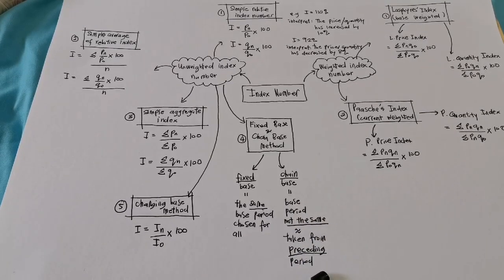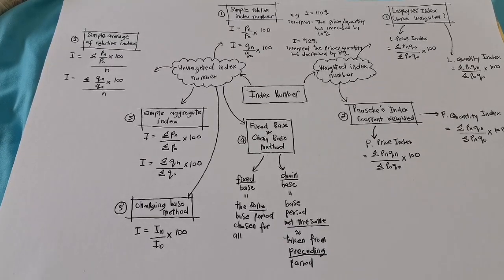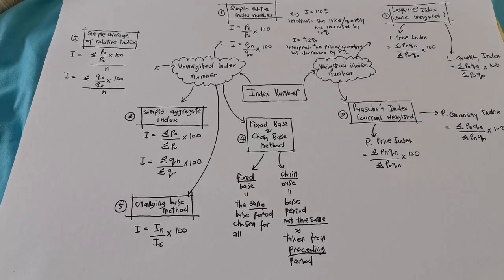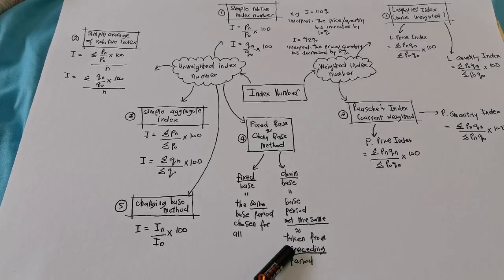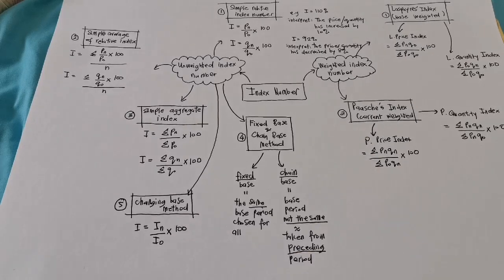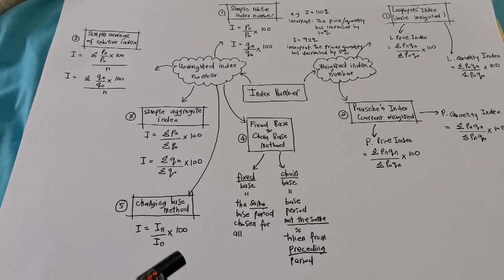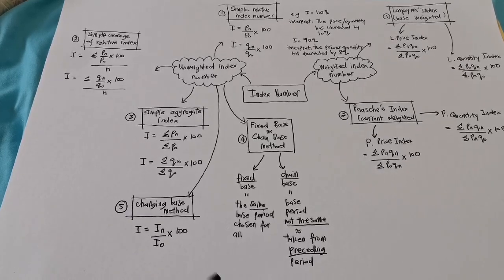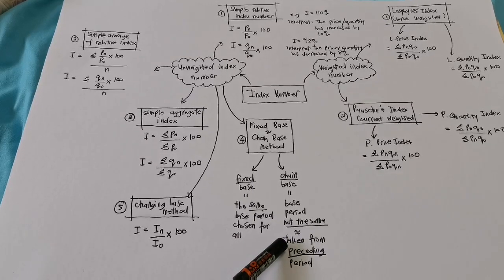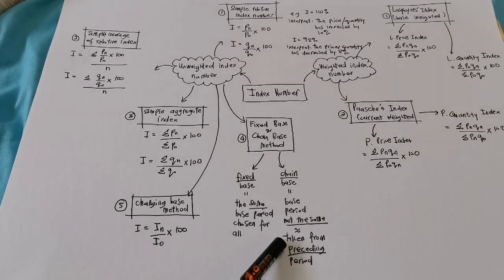For example, let's say we have the data from 2010 until 2020. You cannot calculate for 2010 because you don't have any data earlier than that, so you just ignore the index number for 2010 and continue with 2011. For 2011, you will be using 2010 as the base period.